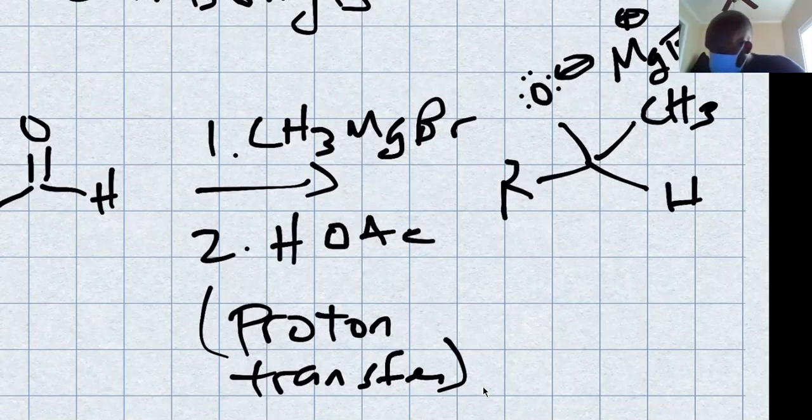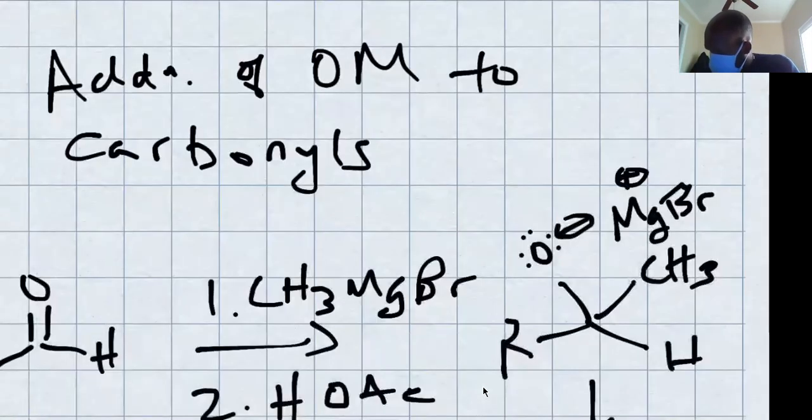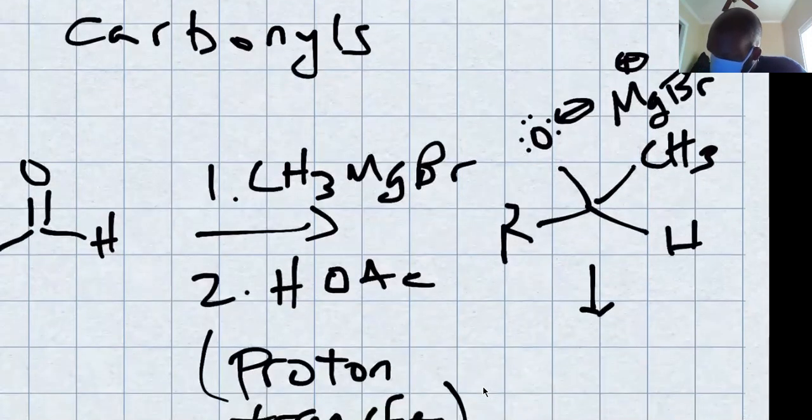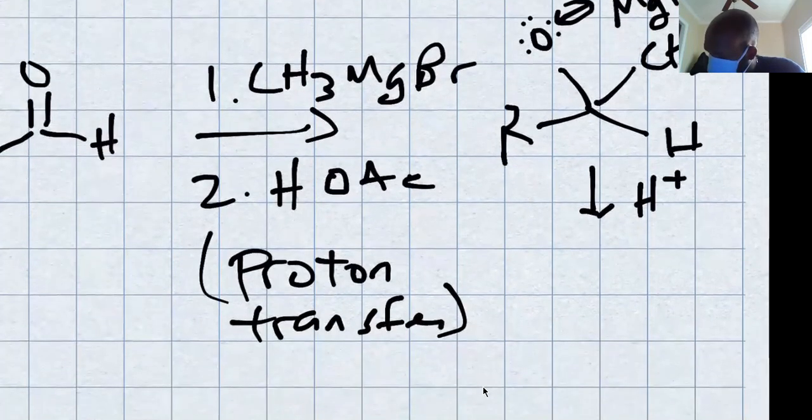And then at the end of the reaction, you treat it with some type of acid, right? And all that acid is going to do is put a proton on your oxygen to give you the alcohol.